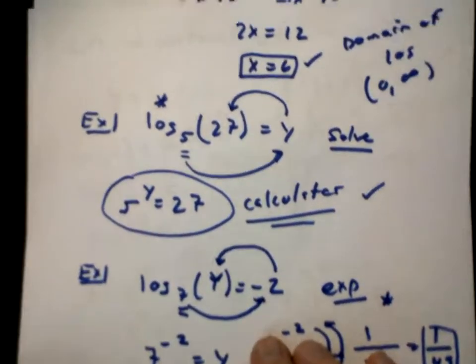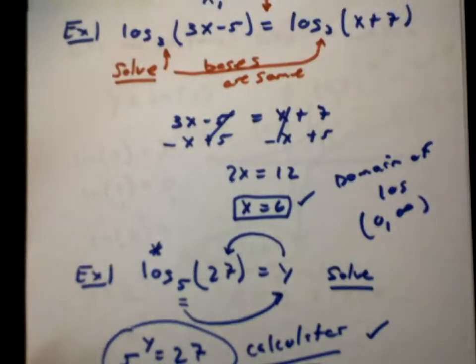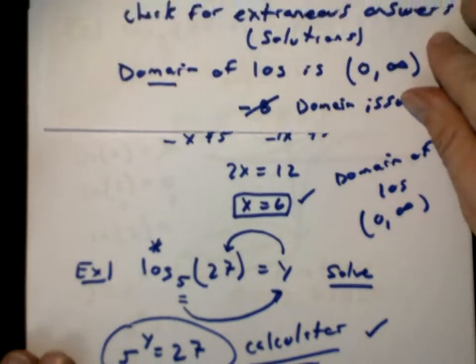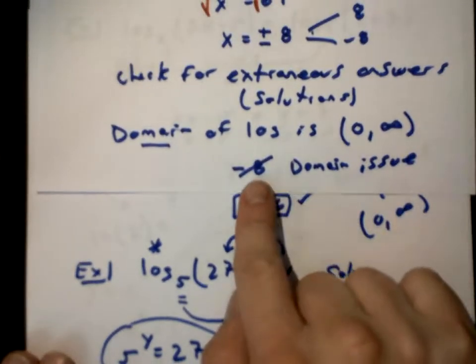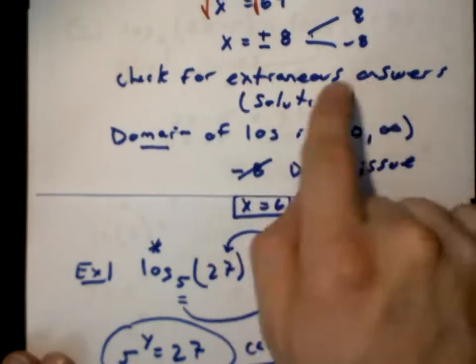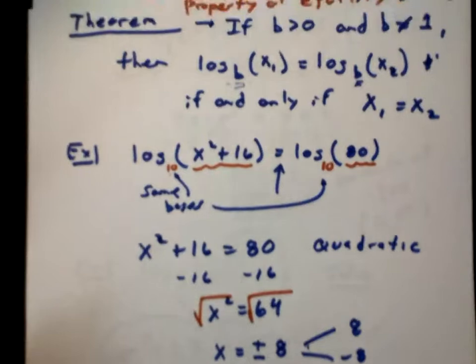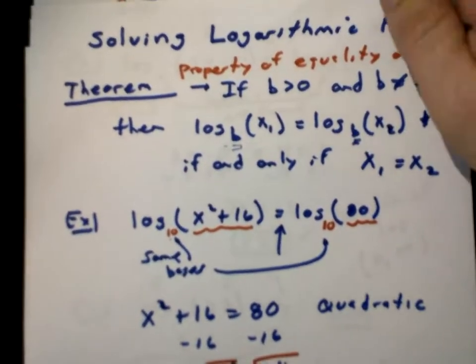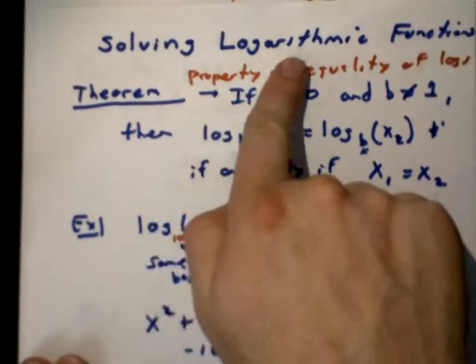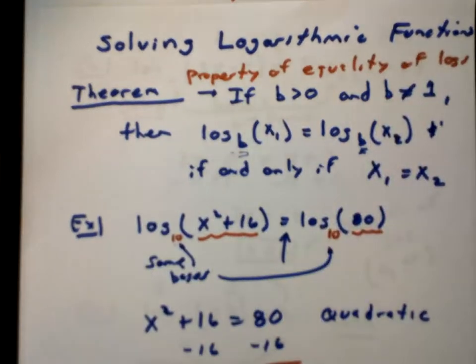So there you go. And go through the domain again of logarithms. Remember that an extraneous answer cannot have a negative with logarithms. Look at the domain. And that hopefully gives you a little bit better idea about solving logarithmic functions. All right, stay tuned.